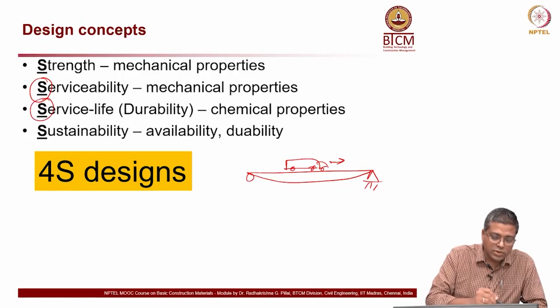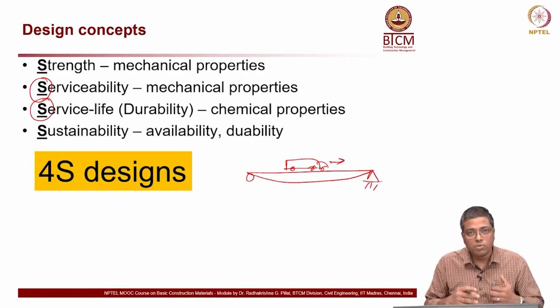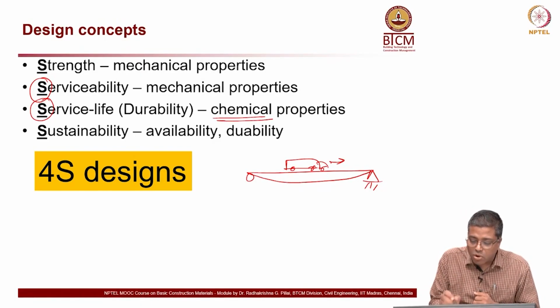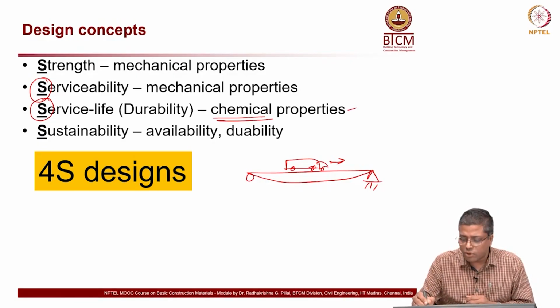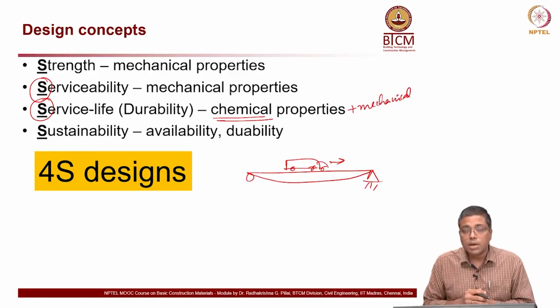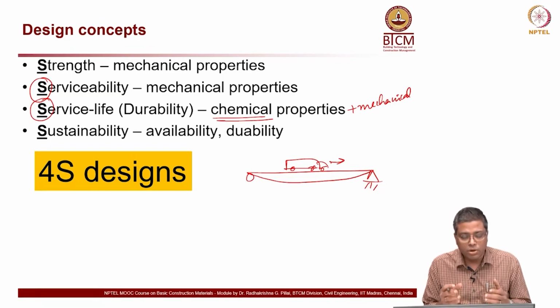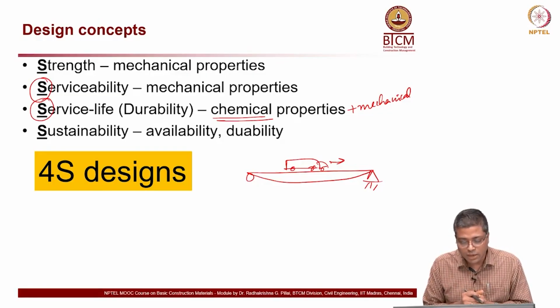Then there is a third one, which is durability, which is gaining more and more popularity nowadays because we want our structures to last very long. In such a case, it is more of chemical properties and also mechanical. I am not saying no for mechanical; mechanical plus chemical properties are important. For example, one area where I focus mainly is corrosion or deterioration of concrete structures, where corrosion is essentially an electrochemical mechanism, right.